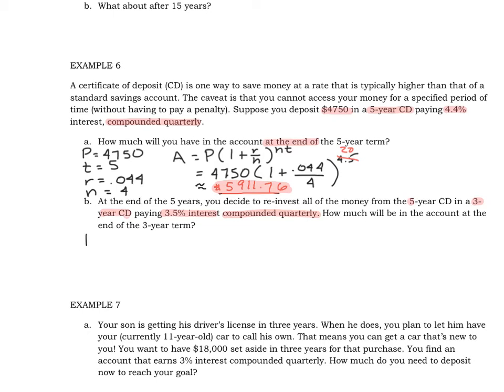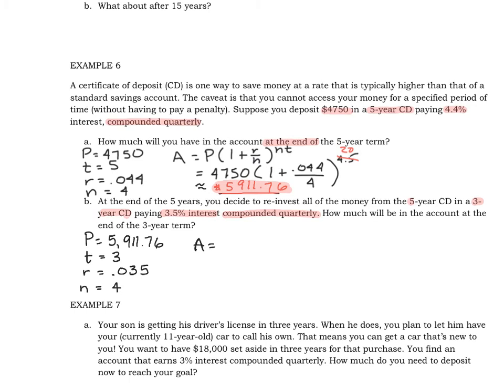Okay, so this time my principal will be $5,911.76. My time, well, it's a 3-year CD. My rate, well, the rates fell, 35 thousandths, and it's going to be compounded quarterly as well.